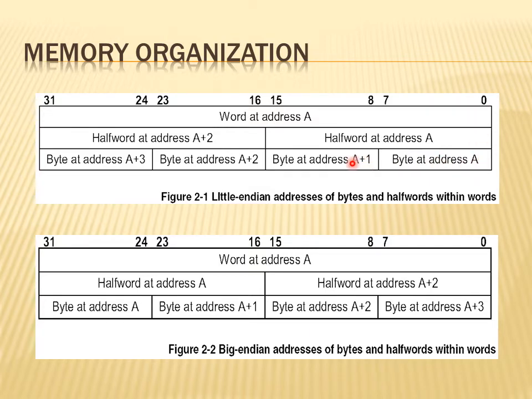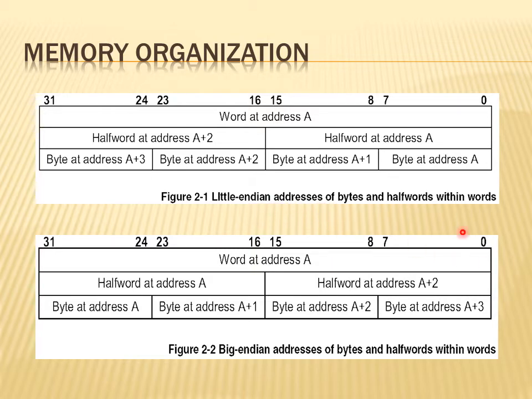Then the A+1 byte is next to that, A+2 next to that, and A+3 next to that. From the LSB side to the MSB side, the bytes get stored one by one: first byte, second byte, third byte, and the fourth byte. This is called a little endian addressing mechanism.